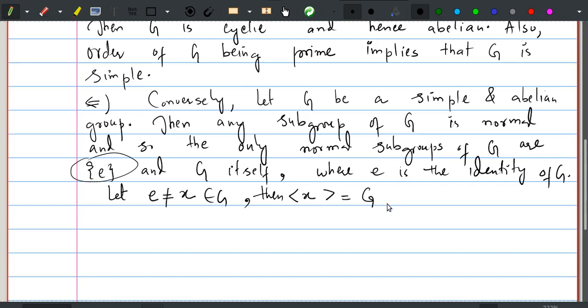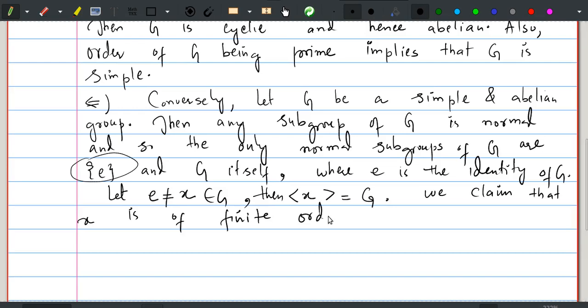So we claim that x is of finite order. Suppose not.